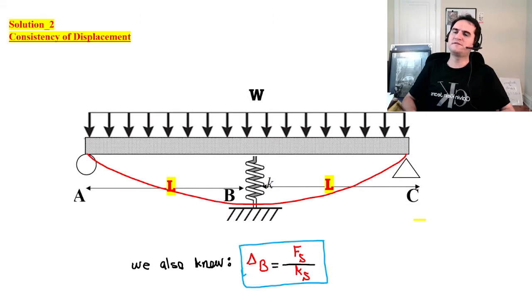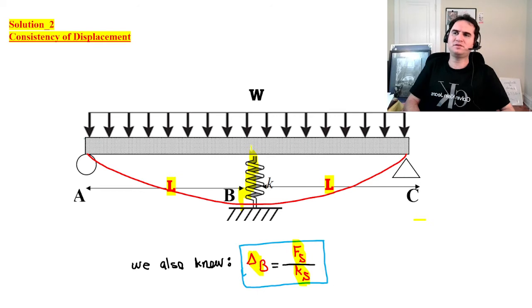So if we look at the configuration of the beam, we can easily see delta B is equal to Fs over Ks, the force of the spring over the stiffness of the spring.